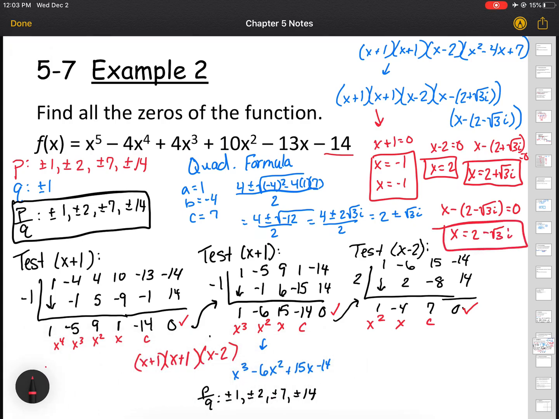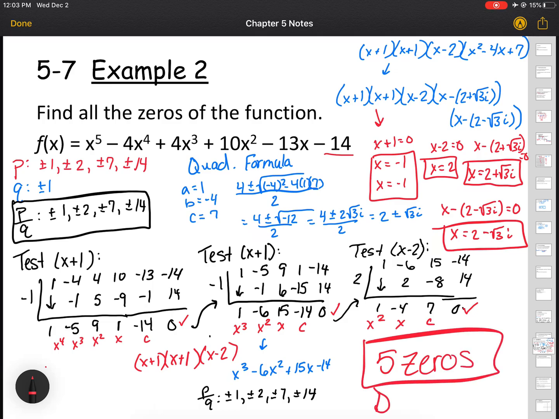So I have 1, 2, 3, 4, 5 solutions, or 5 zeros of that original polynomial, which makes sense because my degree is 5 and it has at most that same amount of solutions or zeros. So that is 5 zeros.